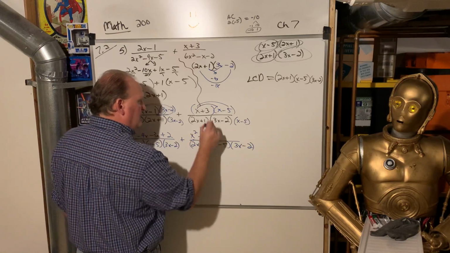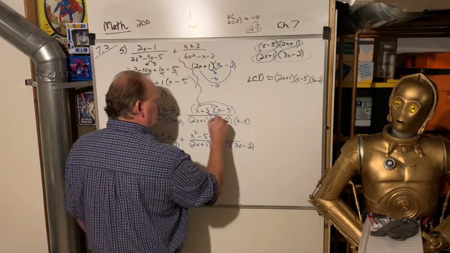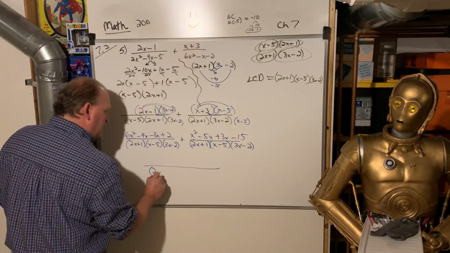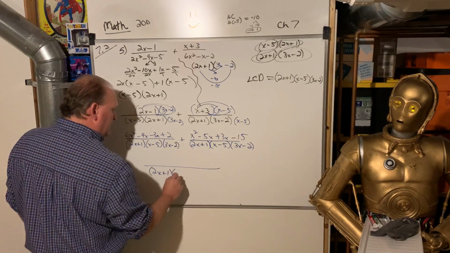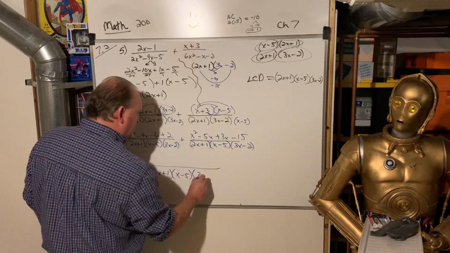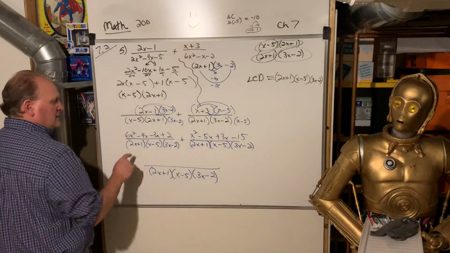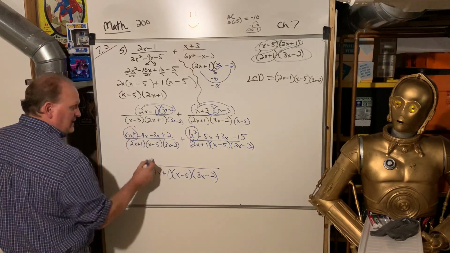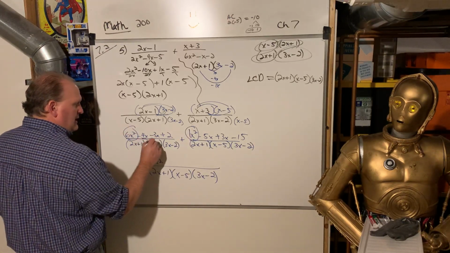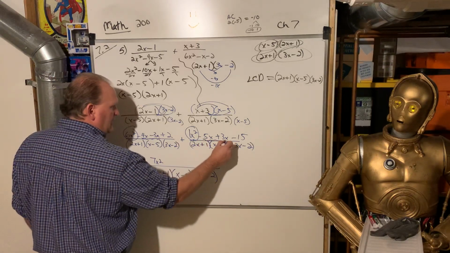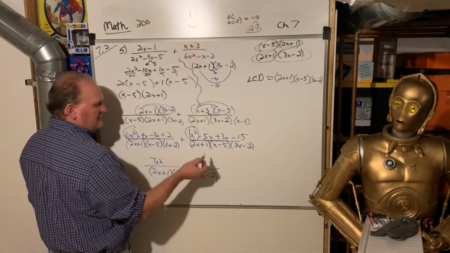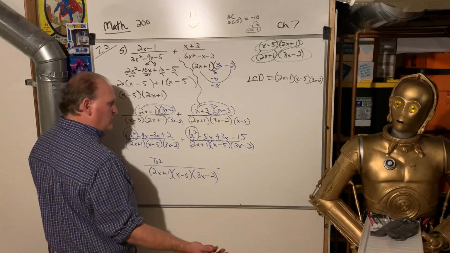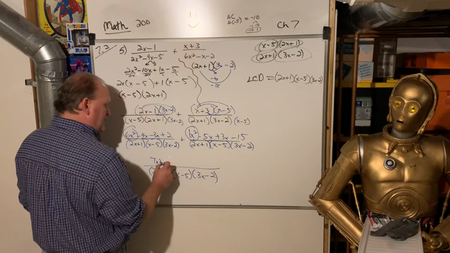Back to chapter 5, where you multiplied things out. X squared minus 5x plus 3x minus 15. And now we've got all of them on the bottom here. 2x plus 1, x minus 5, 3x minus 2. And we're looking for like terms. 6x squared plus 1x squared is 7x squared. -4 and -3 is -7, and then -5 is -12, and then plus 3 is -9x.